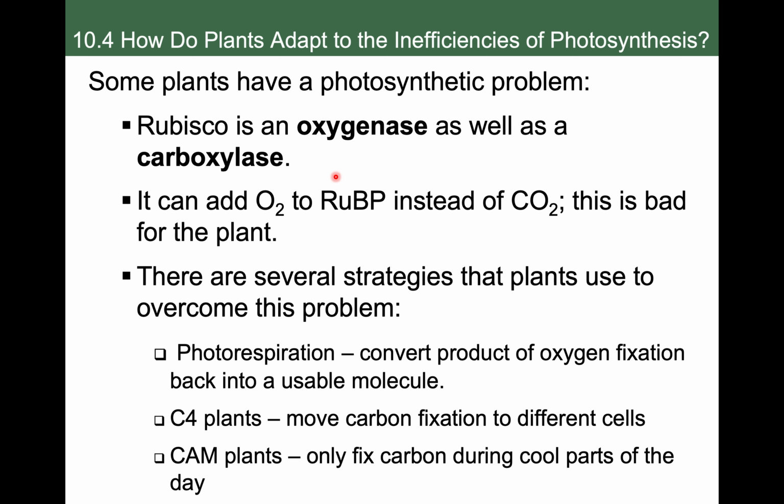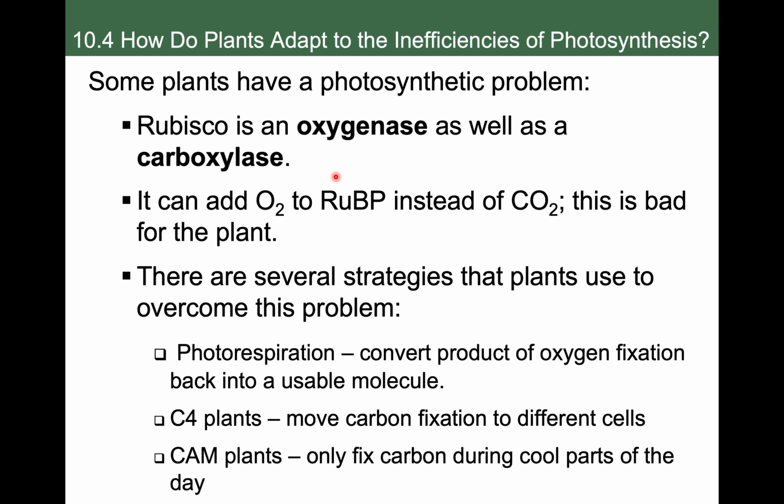Allowing CO2 to get in and oxygen to get out. So once we close the stomata, we can't get new carbon dioxide in, so the plant cells are going to use up the carbon dioxide that was in the cells already, and then it's run out, and the oxygen that's being produced as a byproduct of photosynthesis can't get out of the leaf cells anymore.